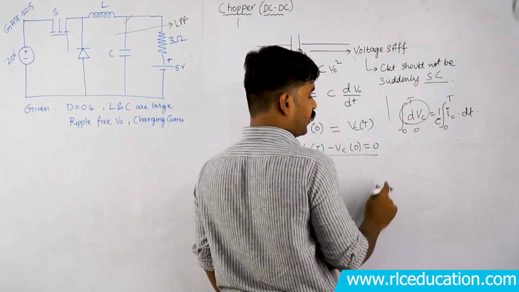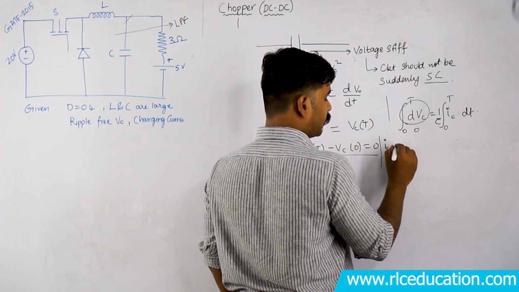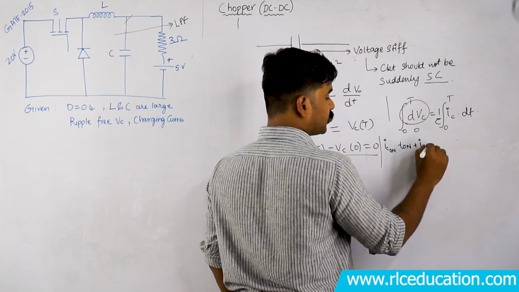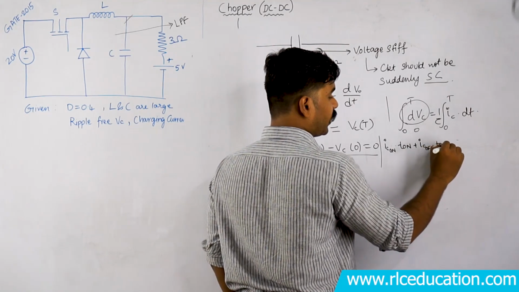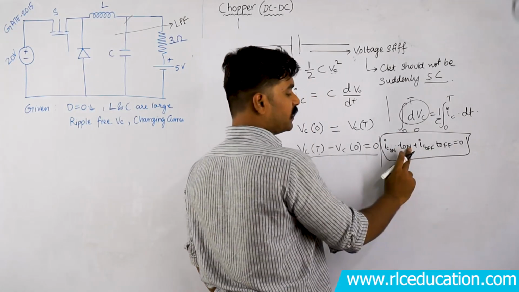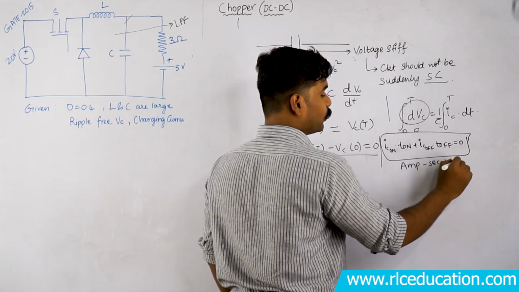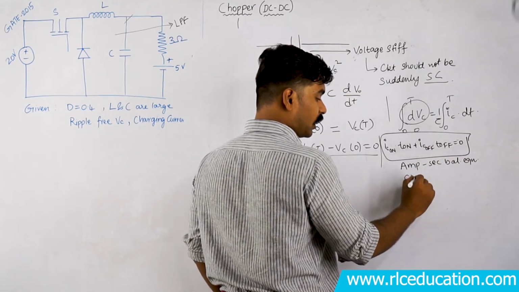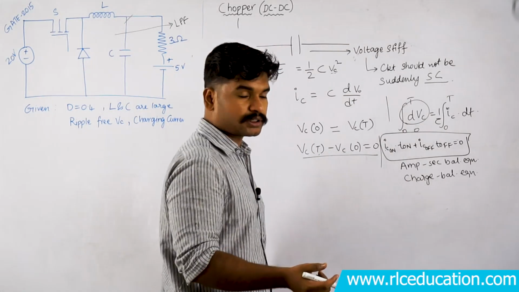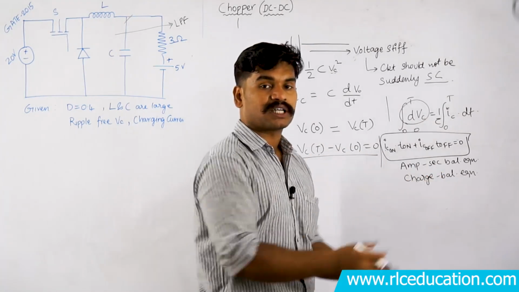Like we defined for an inductor, for a capacitor we can define that current through the capacitor during on condition into on time plus current through the capacitor during off into off time should be equal to 0. This is ampere and this is time. So this is also called the ampere second balance equation, or charge balance equation, because current into time is charge. That means the charge stored should be equal to the charge completely released.